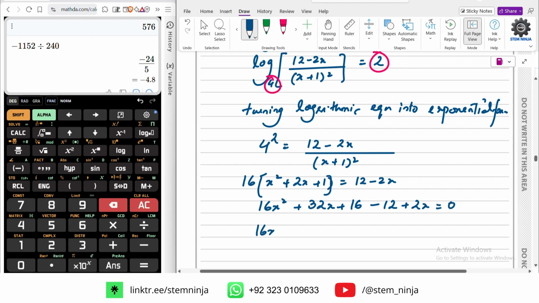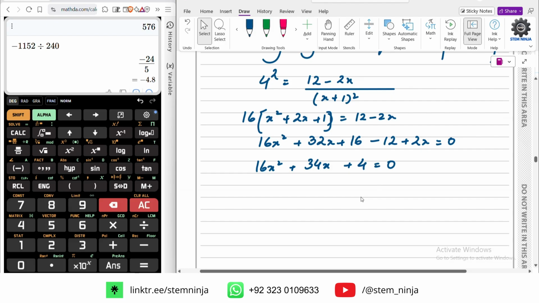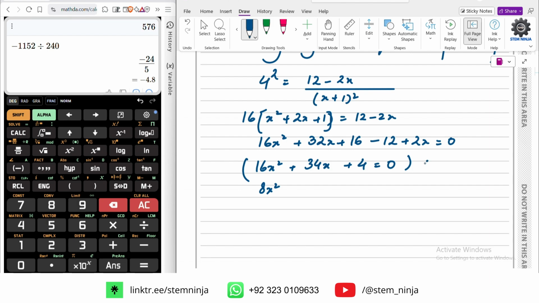So this becomes 16x squared, 32 plus 2 is 34x, and 16 minus 12 is 4, equal to 0. All of these are divisible by 2, so 8x squared plus 17x plus 2 equal to 0. Now we need to solve this quadratic equation.